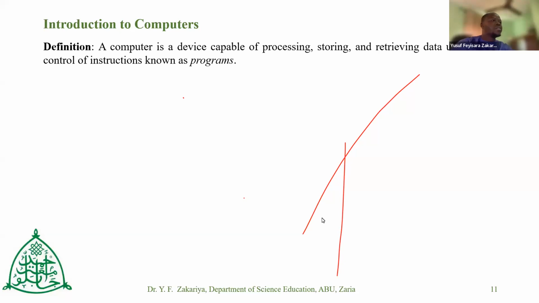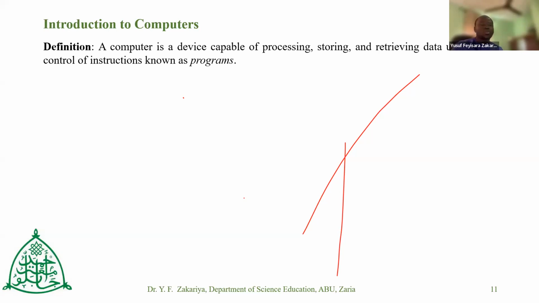All right. As a continuation of this definition, we're analyzing this definition. Apart from these keywords, we also have programs appearing here. Apart from the fact that a computer is a device that processes, stores, and retrieves data, it works under a set of instructions, which we call what? Programs.